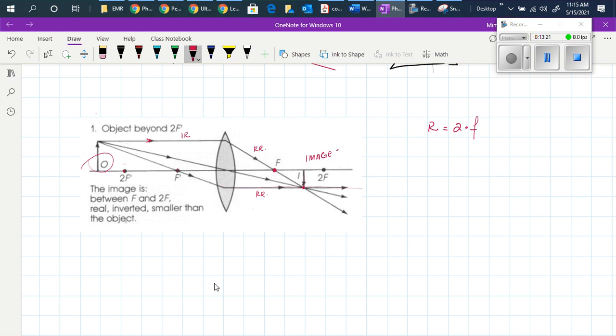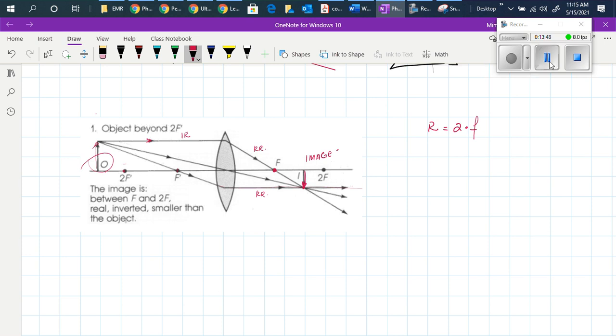It is real because when you draw the ray diagram, the point of intersection is not an extension, but a direct intersection of the two reflected rays. It is inverted because it's in the opposite orientation of the object, and it looks smaller than the object is.